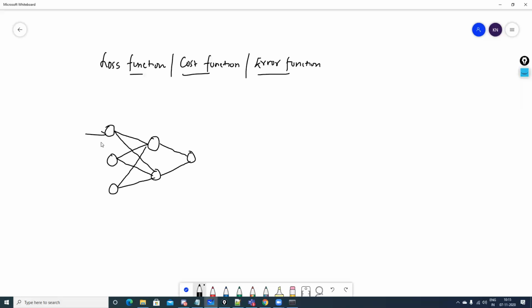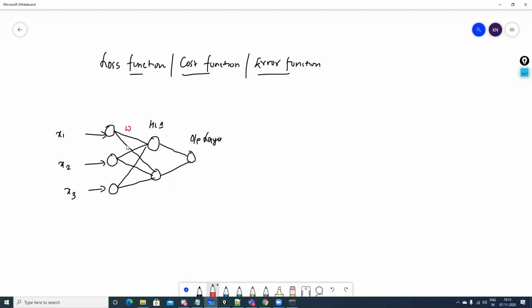So this is my input layer, x1, x2, x3. This is my hidden layer 1 and this is my output layer, right? I told you that we do the forward propagation here. What is there here? Weights are there, right?